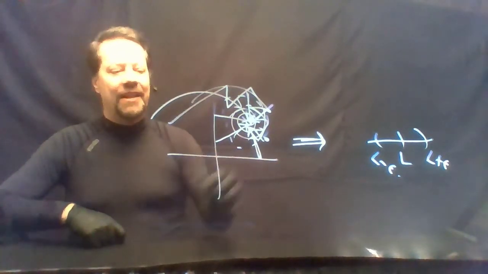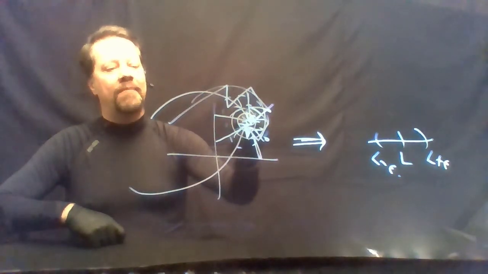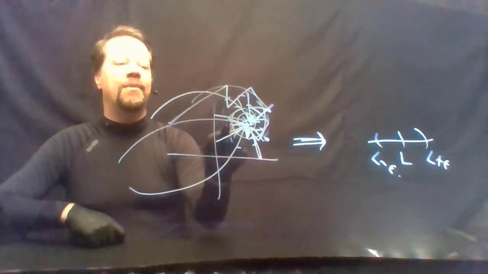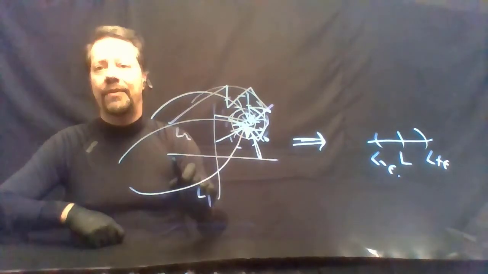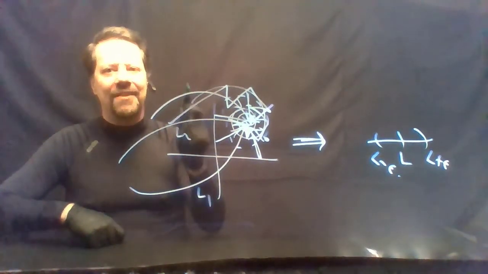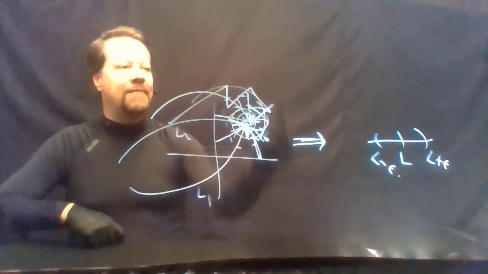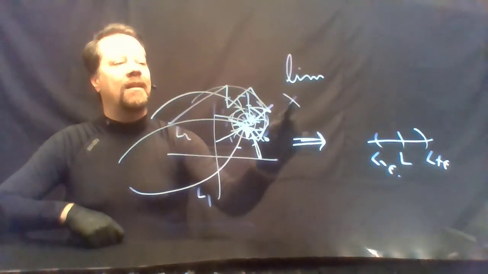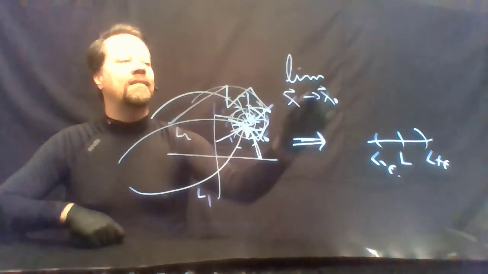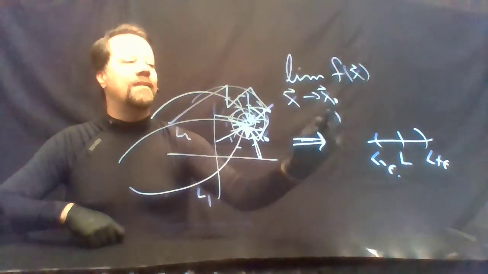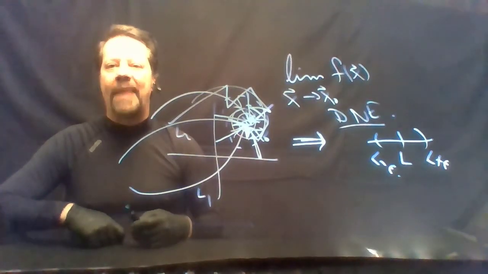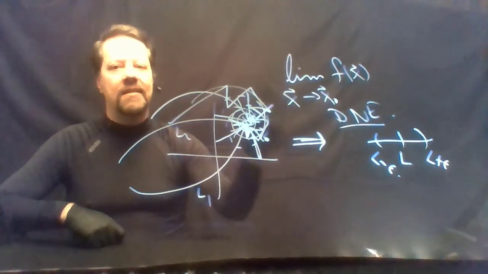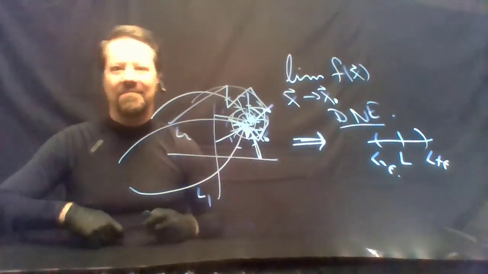But if you have two paths, path 1 and path 2, that give you different limiting values, L1 and L2, that is sufficient to say that the limit as x goes to x naught of f of x does not exist. Different limits on different paths implies the limit does not exist.